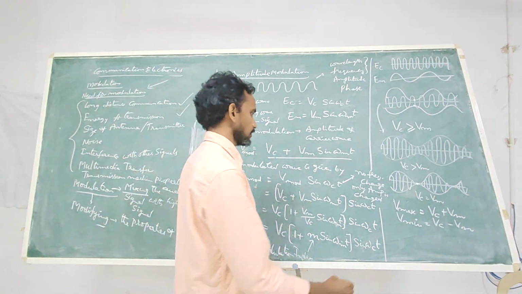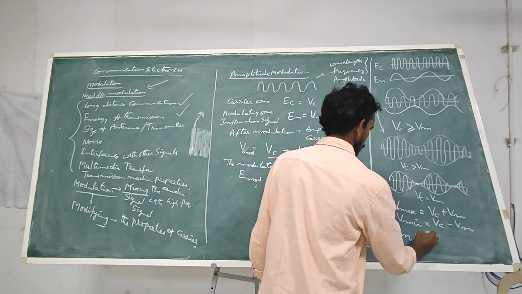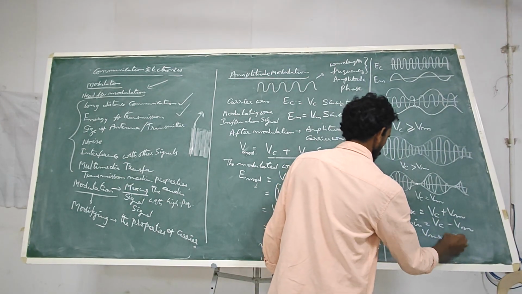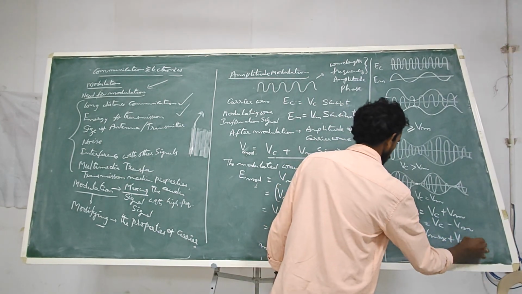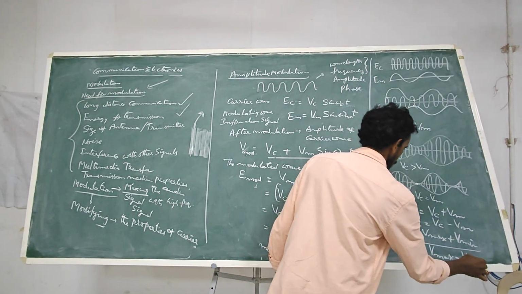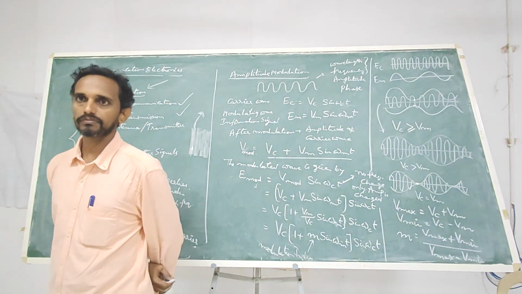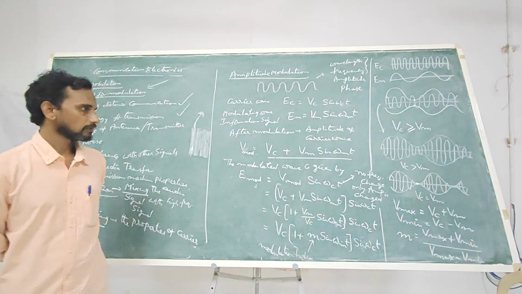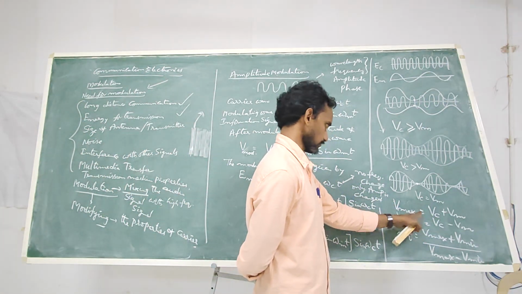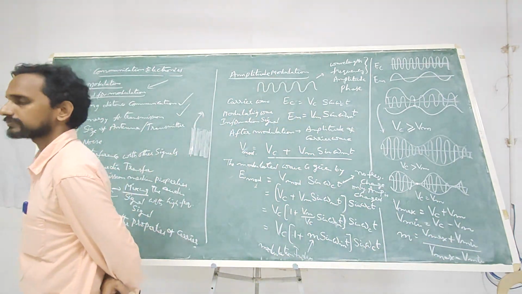So the modulation index can be defined as Vmax minus Vmin by Vmax plus Vmin. So when I add both, we get twice Vc. When I subtract, twice Vm. The two gets cancelled.